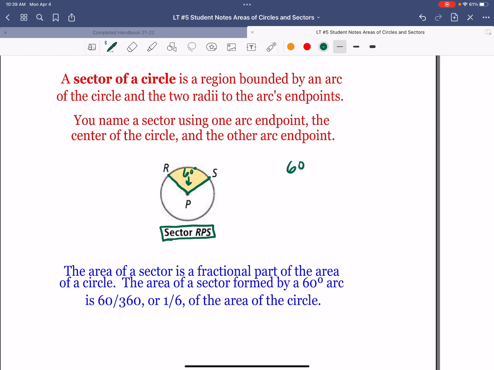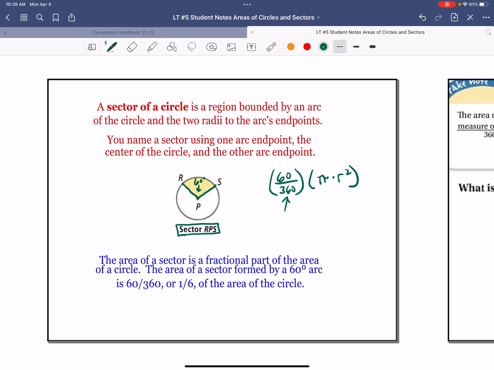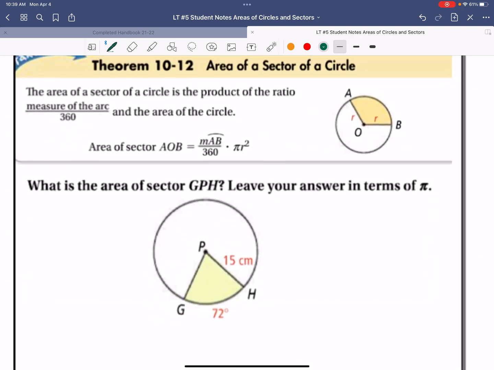Then I know that 60 out of 360 represents the fractional angle that's in this circle, times pi times radius squared. So all we're doing is taking the area of the circle and then multiplying it by its fractional part. That fractional part is the central angle out of 360.